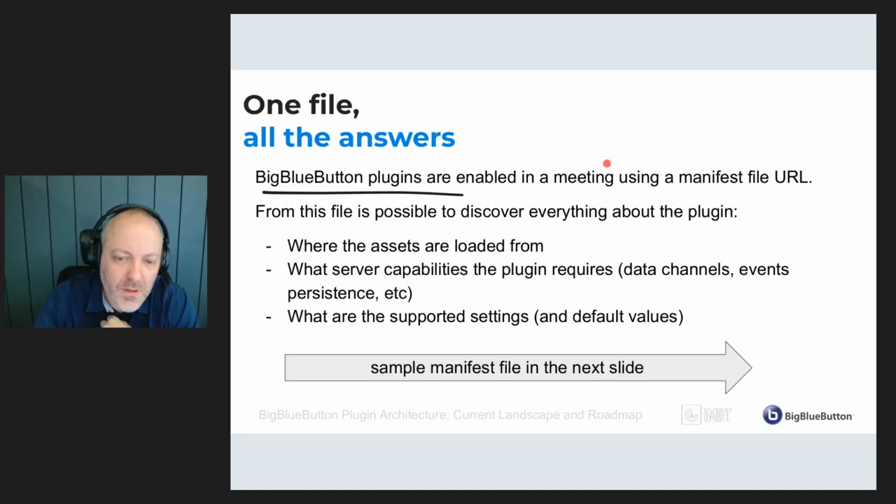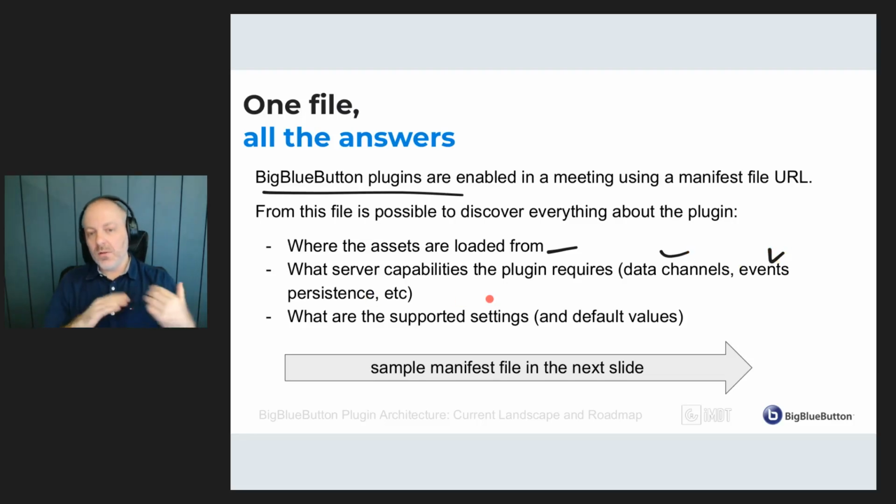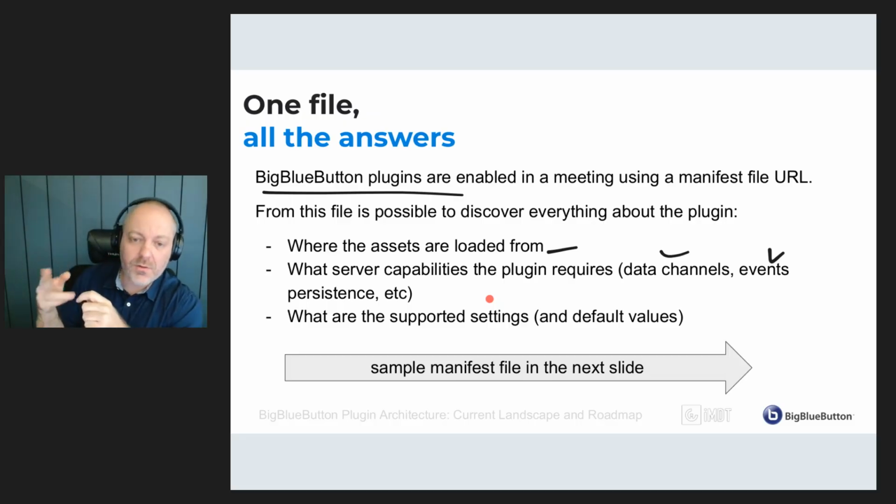From this file, you know where the assets are loaded from and what server capabilities the plugin requires, so data channels, event persistence, etc. When you load a plugin, it gets the manifest file, and this manifest file says that this plugin is going to use 1 or 2 or 3 data channels to exchange data.